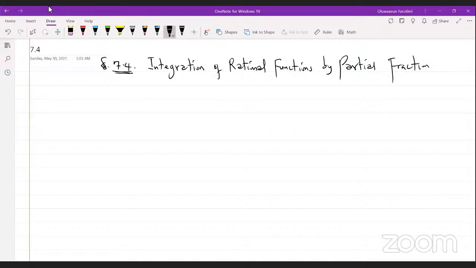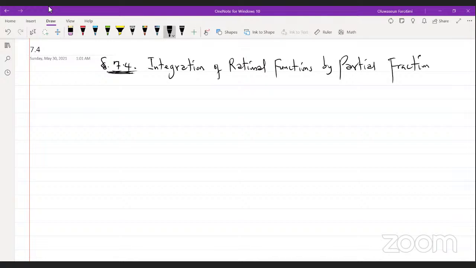I'm pretty sure that you guys learned partial fractions in the past when you took a class in college algebra. So we're going to be solving integration problems by using the idea of partial fractions, split them up using partial fractions, then integrate.